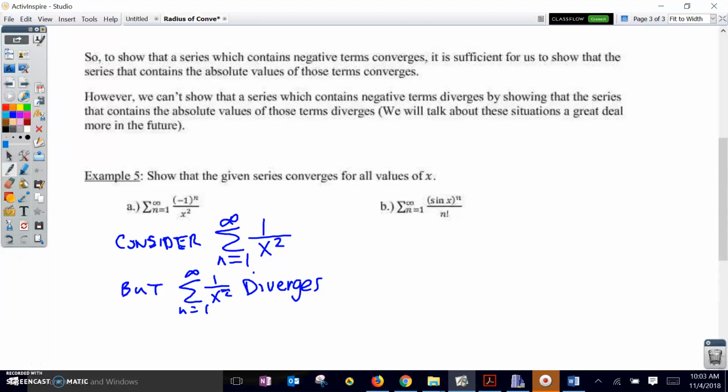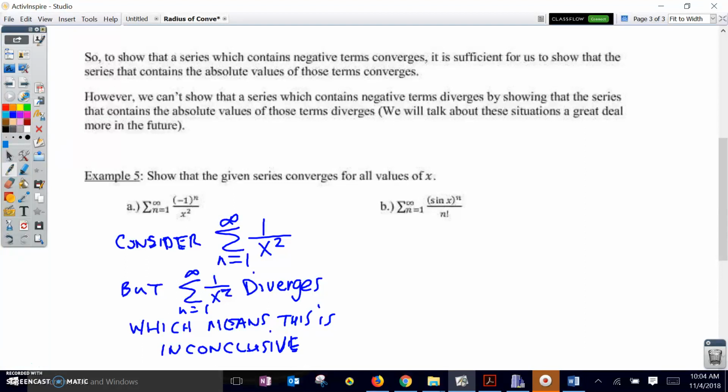Imagine, say, x is 2. We've got 1 over 2 squared, and that's the sum from 1 to infinity of 1/4. That diverges by the nth term test. So this diverges, but we can't show divergence of the original, which means this is inconclusive. The only way that this matters is if we can in fact show that the absolute value of the series converges.